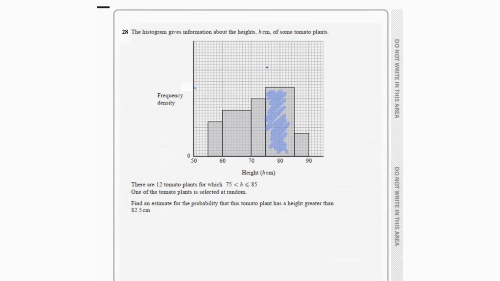One of the tomato plants is selected at random. We have to find an estimate for the probability that this tomato plant has a height greater than 82.5 centimetres. Greater than 82.5 is going to be, 80 is over here, and 82.5 will be here.